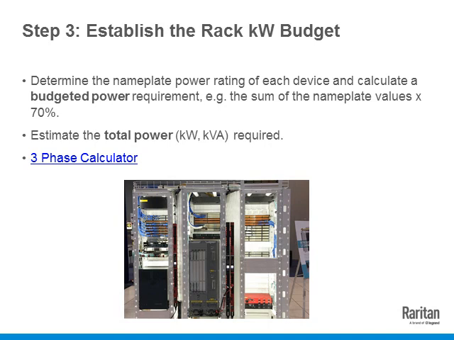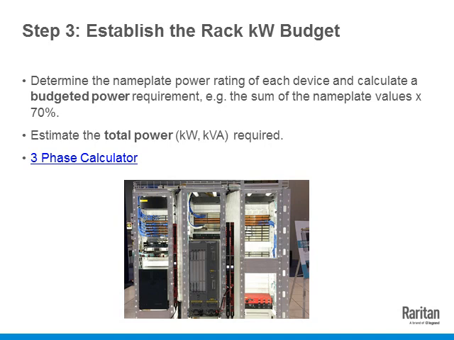And we can use that to determine what's the right kind of power strip or transfer switch that you need to put at the rack level. We do have a tool that's very convenient. It's an Excel-based tool, a 3-phase calculator, where you can plug in all the numbers that you see on the nameplate values at 70% rating.